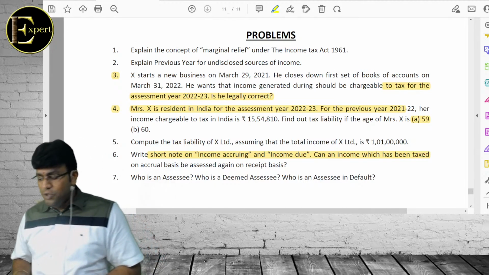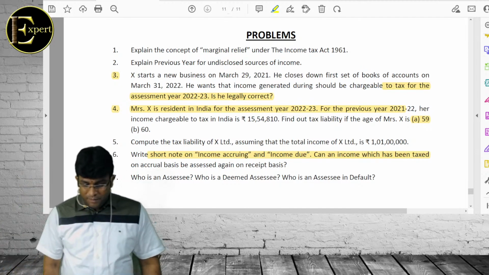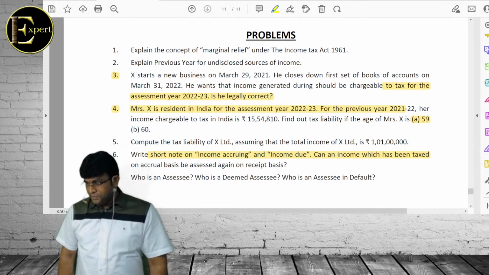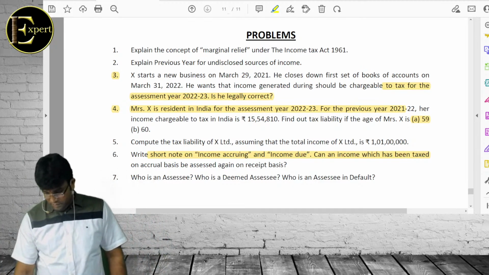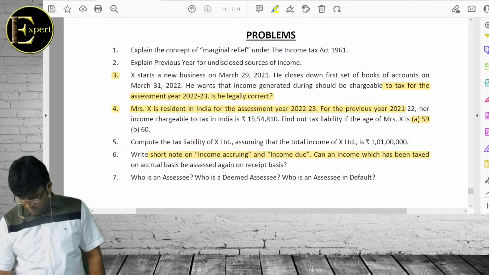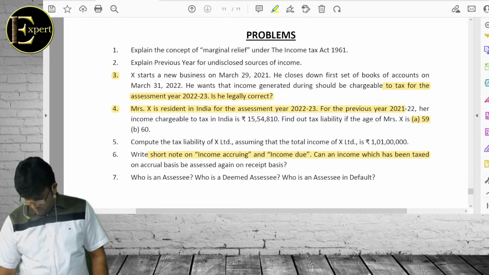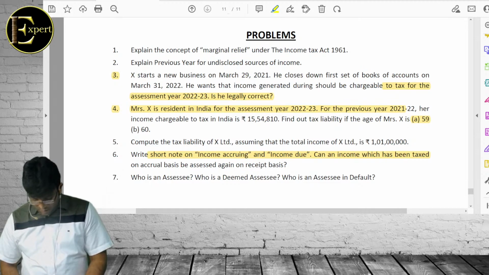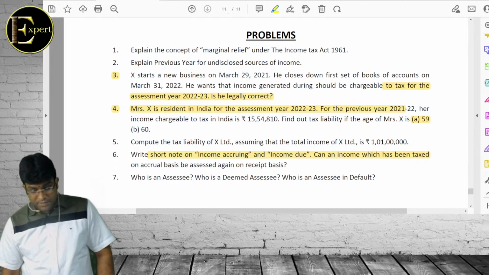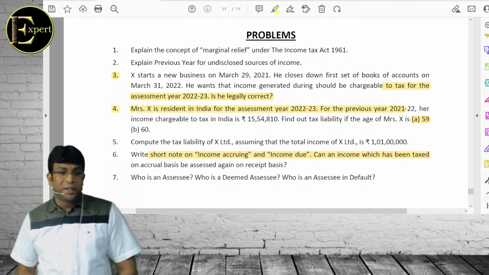Now do 1 crore 1 lakh. 2 minutes time. Don't take more time this time. You know what to do. 30%. When the question is silent, do 30%. General rates.